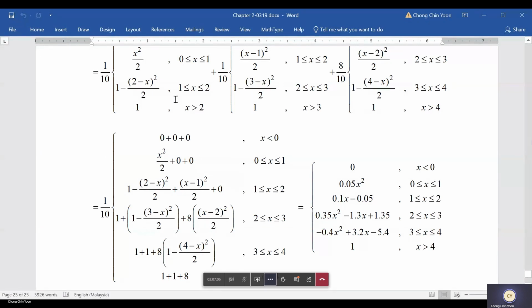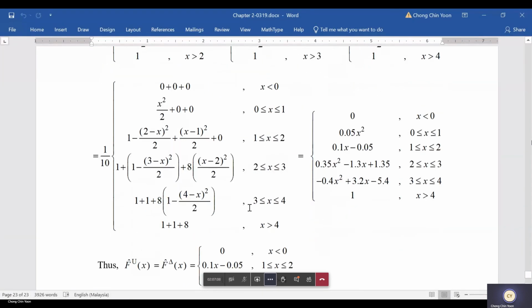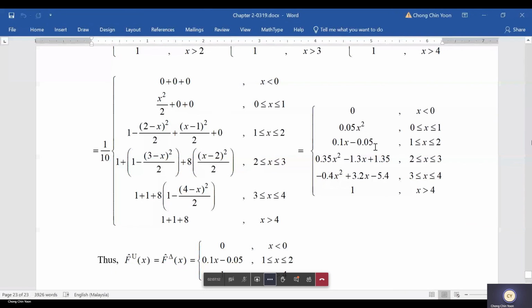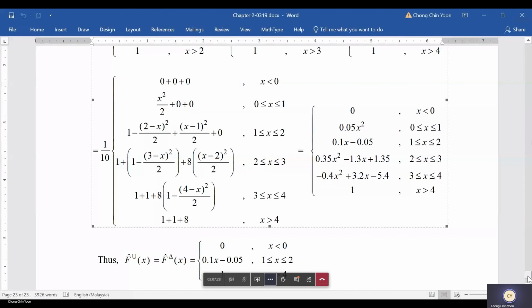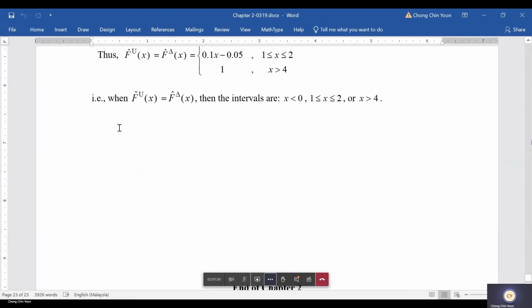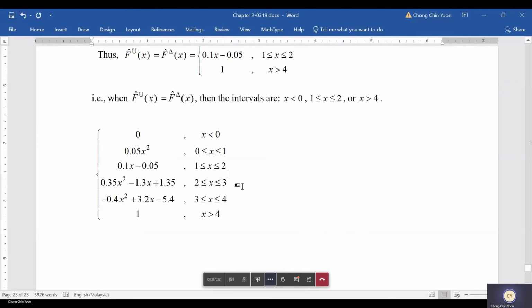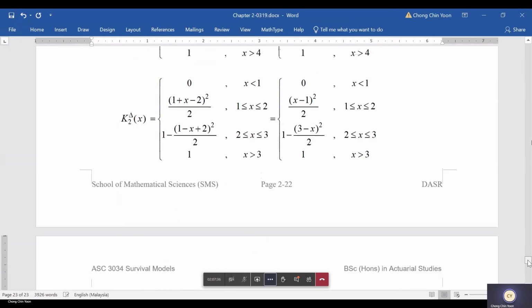Now, once you have this already, class, you simplify and you will have this, right? So I'm going to compare this result. Let me copy. This result is from the triangular. I want to compare it to the uniform.